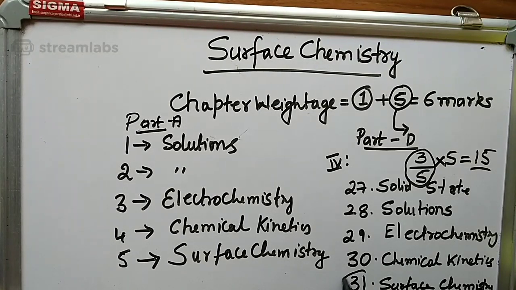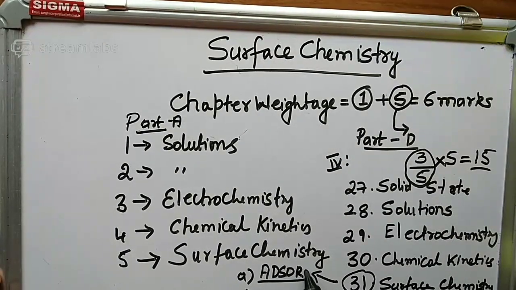Usually this question number 31 would be split into A, B and C. So in this chapter we are going to study 3 parts. First part would be based on adsorption. Second part that we are going to study is from catalysis.